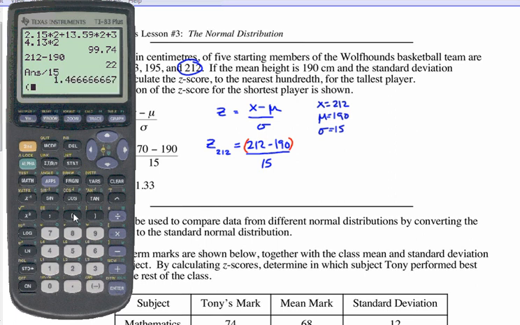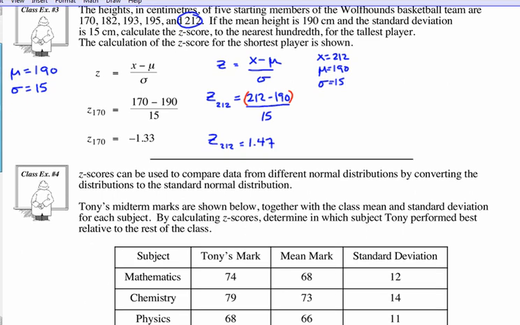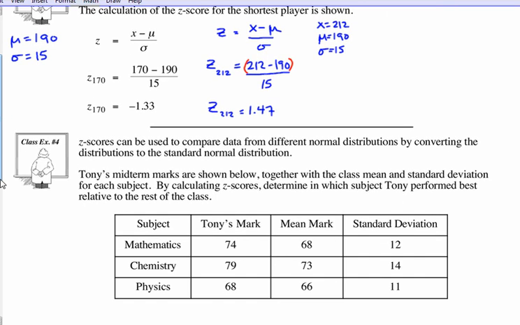Or we could go bracket 212 minus 190, bracket divided by 15. And so let's always go to two decimal places. So 1.47. So what that means is we are 1.47 standard deviations above the mean. That's what that means.